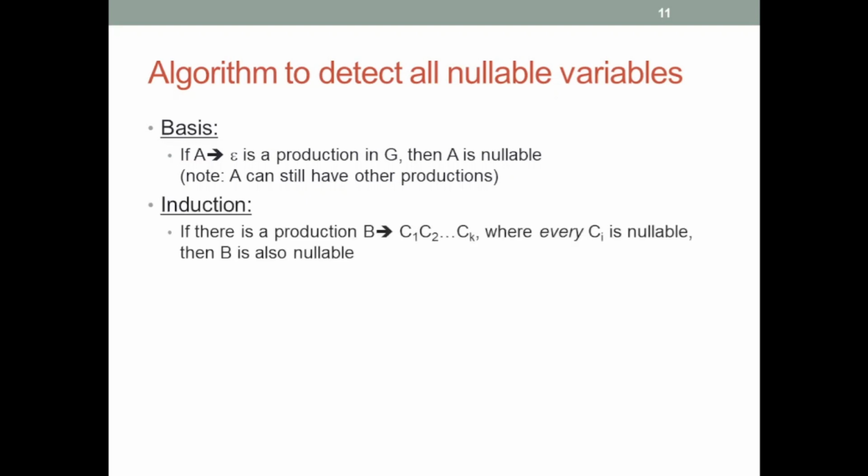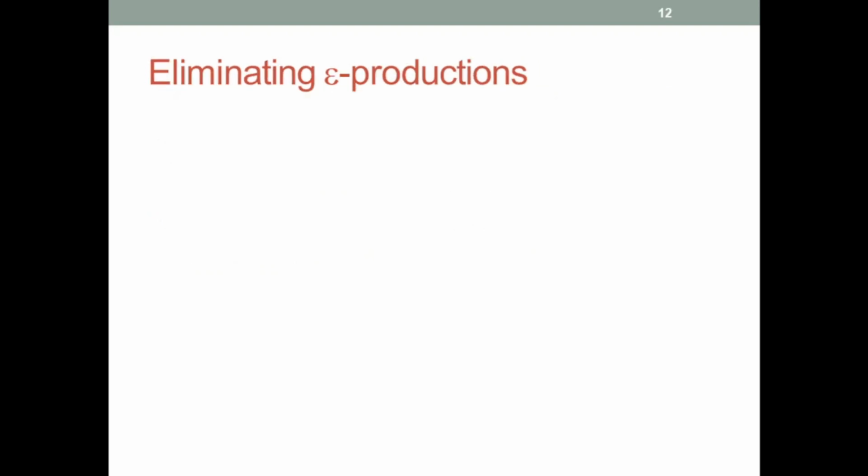Now if there is a production B derives to C1, C2 up to Ck, where every Ci is nullable, then B is also nullable. So you can see that any variable which derives another variable, if that variable is nullable, then B is also nullable.